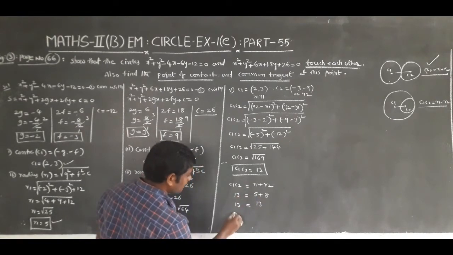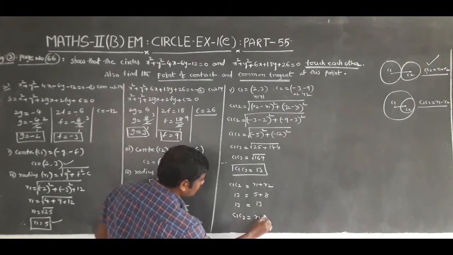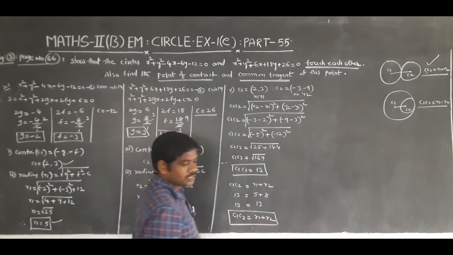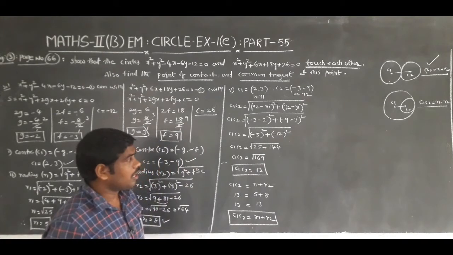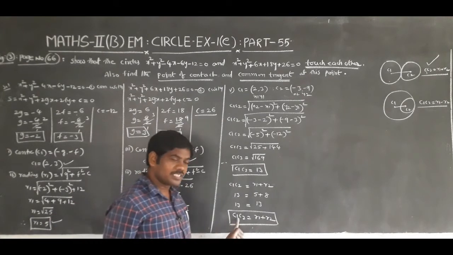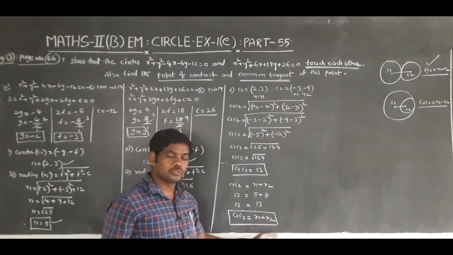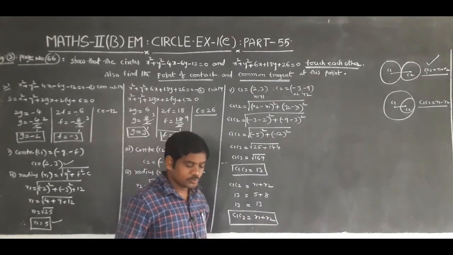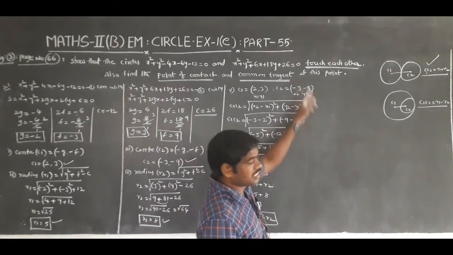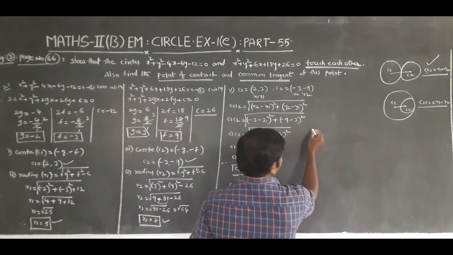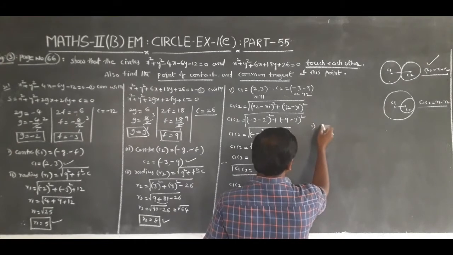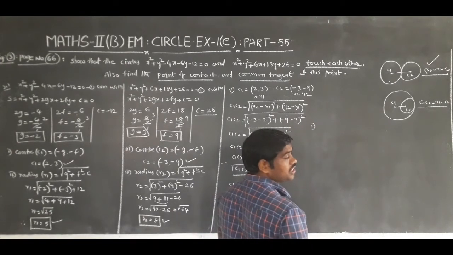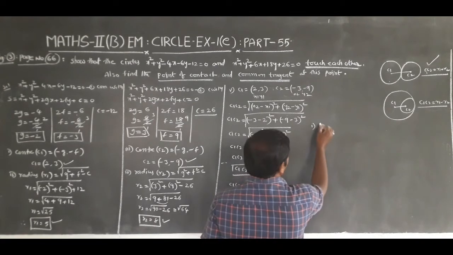Here clearly C1C2 is equal to R1 plus R2. If C1C2 is equal to R1 plus R2, two circles touch each other externally.